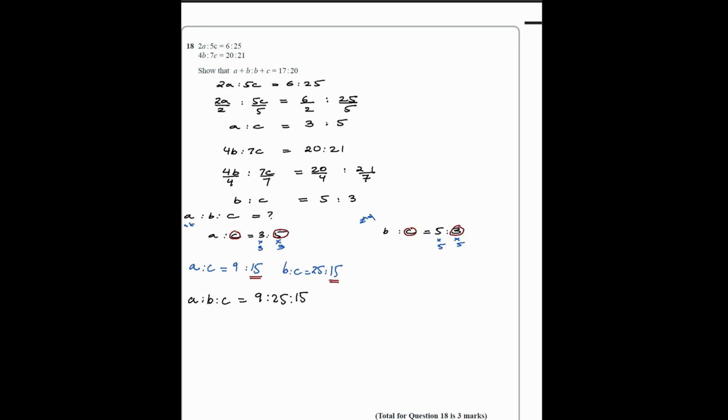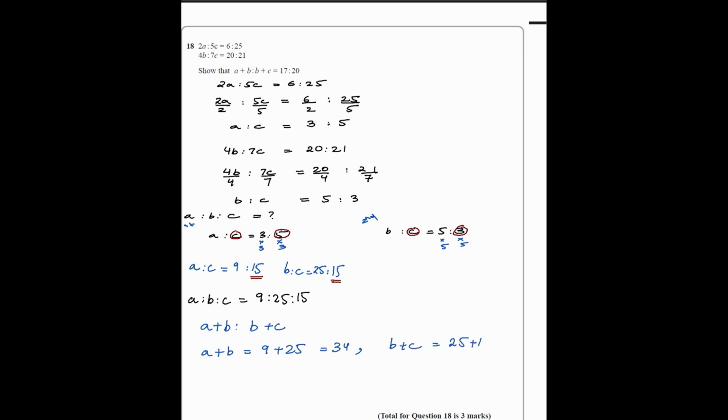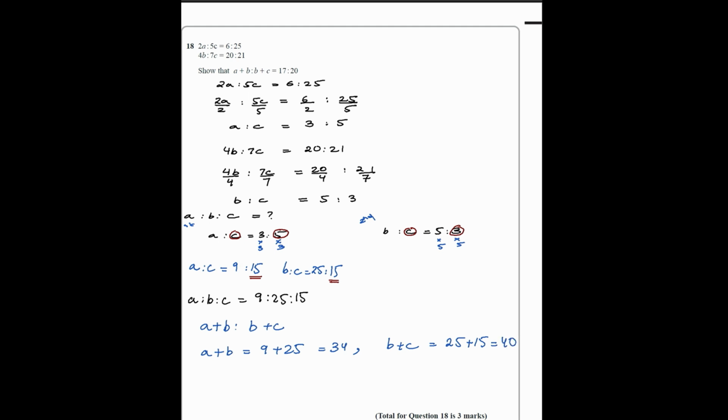Now in the next step, let's form a plus b is to b plus c. Add the values. a plus b is 9 plus 25, which is 34. And b plus c is 25 plus 15, which equals 40. So a plus b is to b plus c is 34 is to 40.